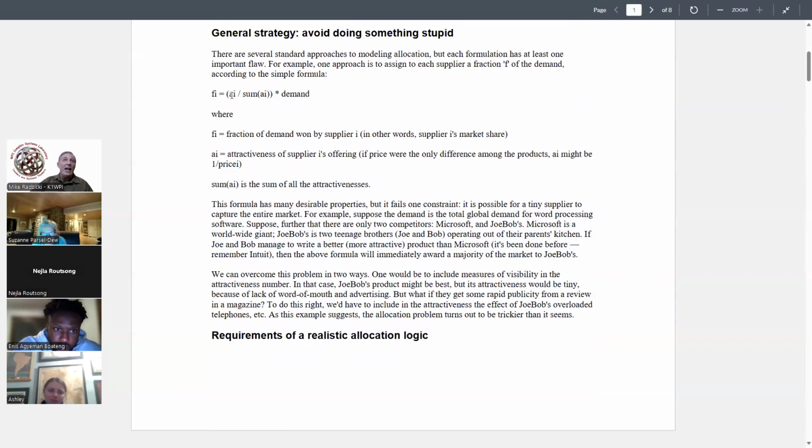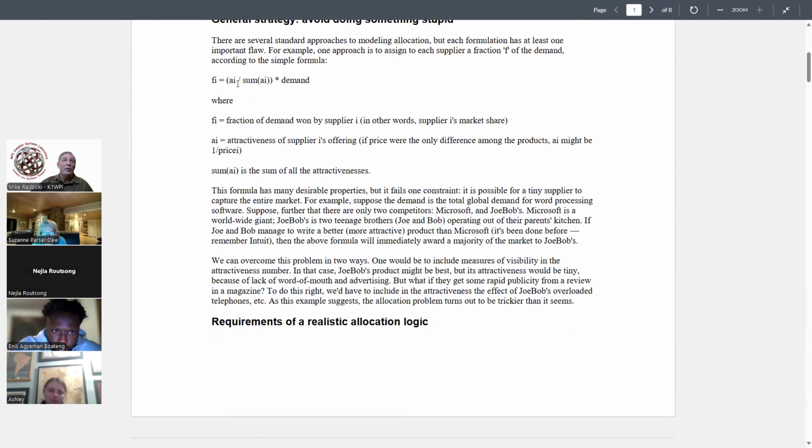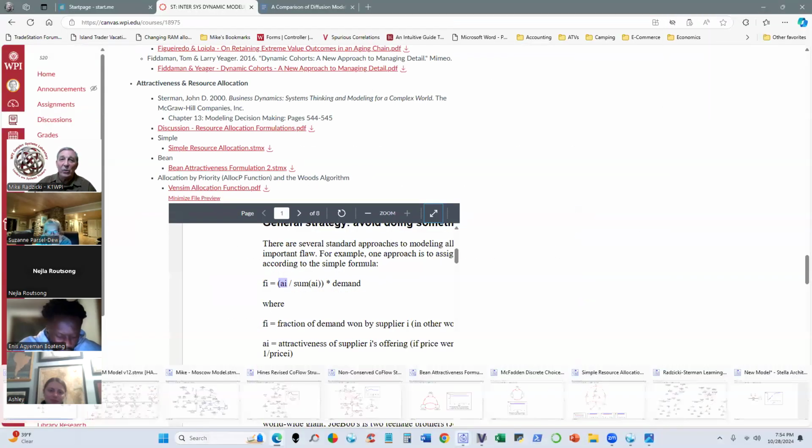So let's see. So A-i is the attractiveness, or this is demand 1, demand 2, demand 3. This is total demand. And this is the sum of all the demands. Okay. So Dave Peterson calls this the attractiveness. So just to refresh your memory real quick.